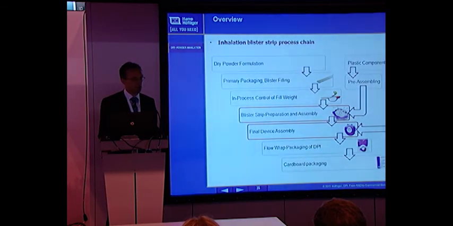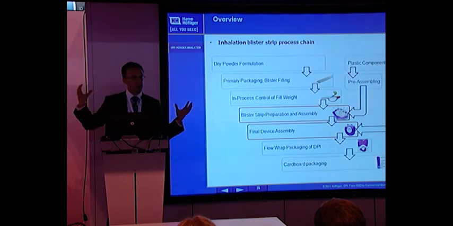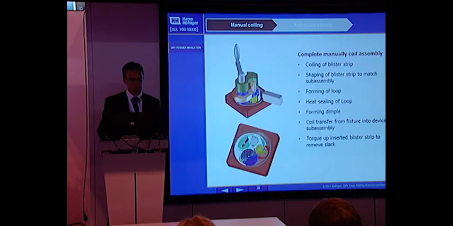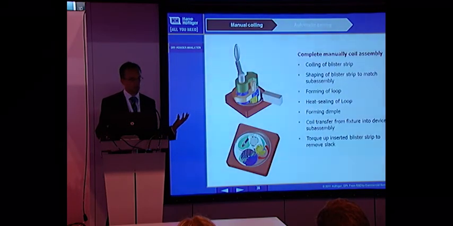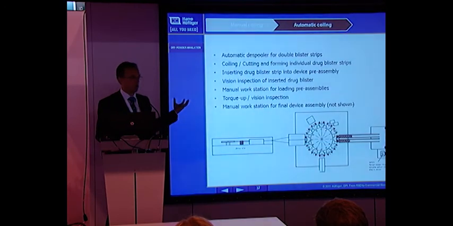The critical process is the blister strip coiling. You now take the double blister strip, which comes out of the SSP2 process, and this is on an endless wheel, and you take this endless wheel to the next process step, which is the blister strip coiling. And you can do it again manually, so you would cut apart the double blister strip into individual blister strips, and you place them into a small manual fixture to make the coiling of the blister strip.